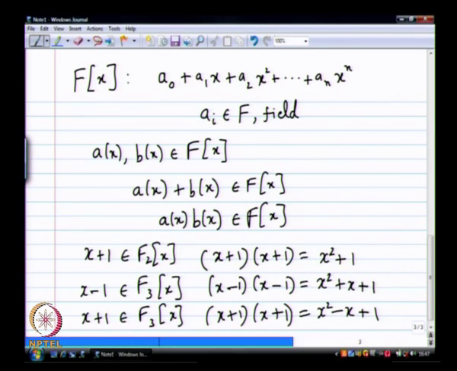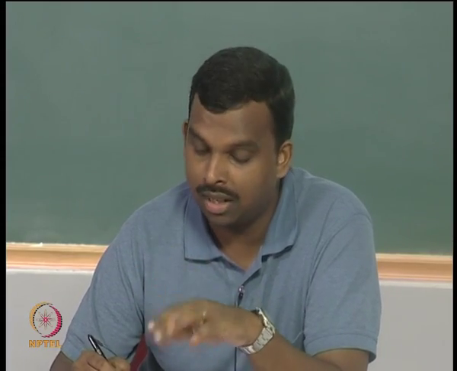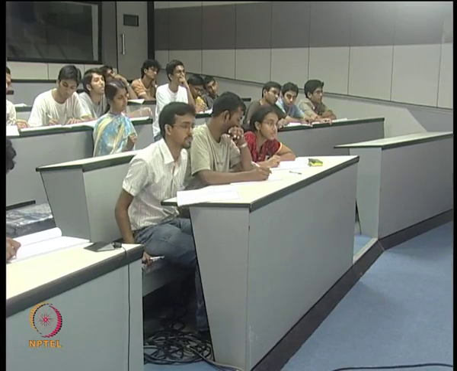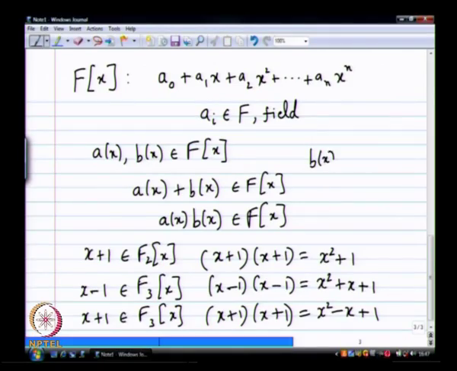Then the third operation, which is also very crucial, is division with remainder. Arbitrary divisions are not possible in F[x]. You can't define a division which will divide any b of x by a of x and then give you some other element in F[x] itself. It will only be rational. So, we will not worry about that. We will only be worried about division with remainder in F[x]. What is division with remainder? You can divide b of x by a of x, which implies you do that long division.